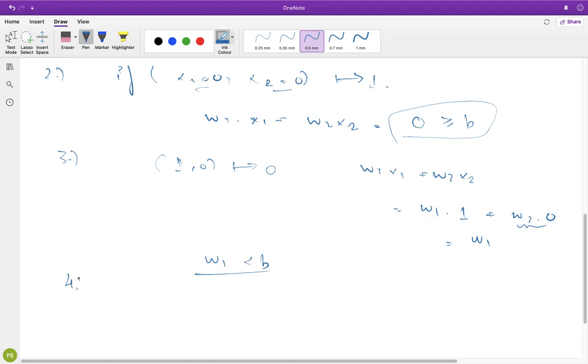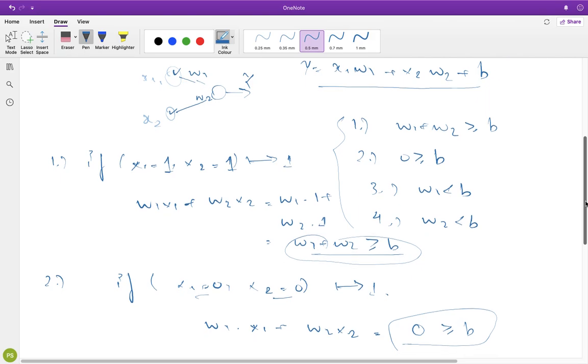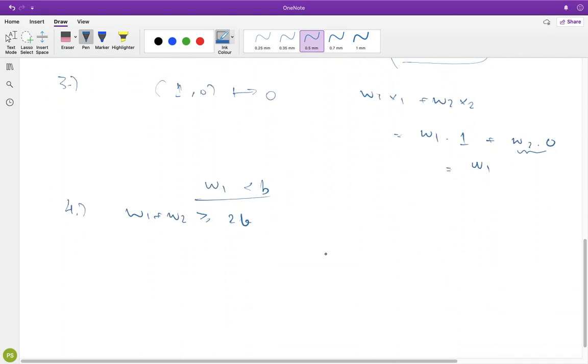And the fourth inequality is derived in a similar fashion to the third inequality. By adding the first one and the second one, we get w1 plus w2 must be greater than or equal to 2b.